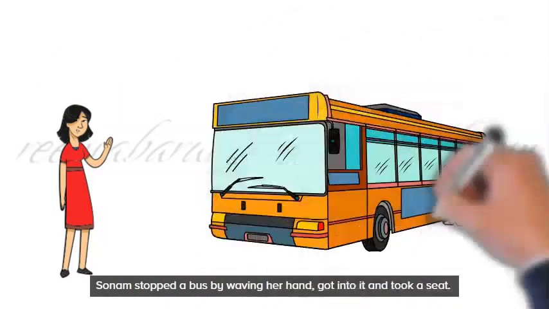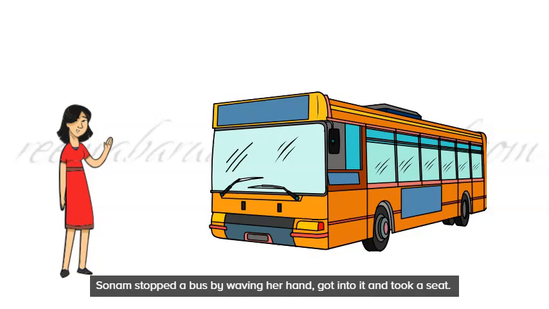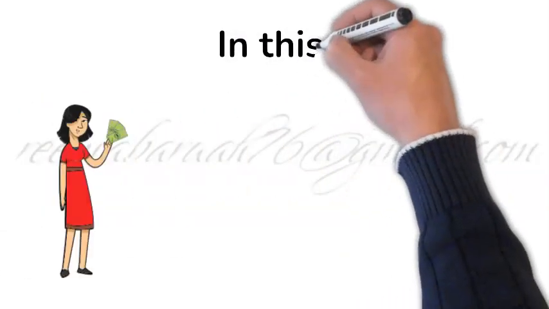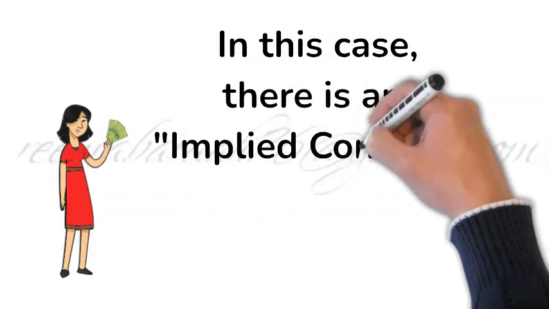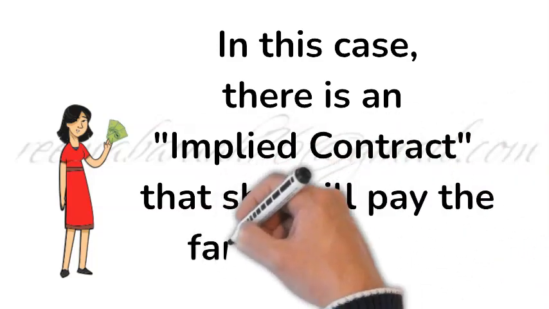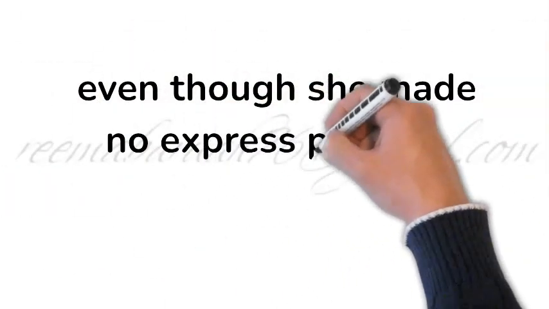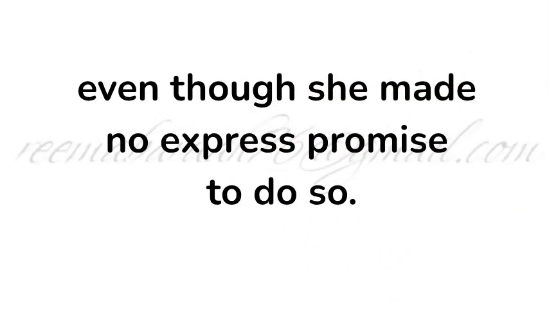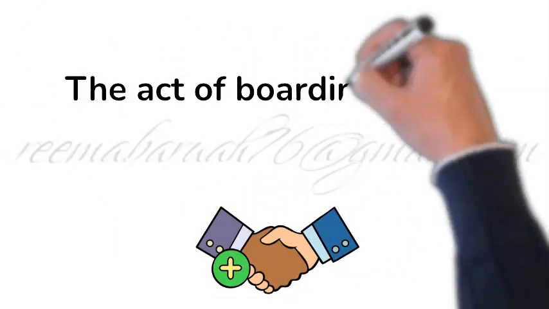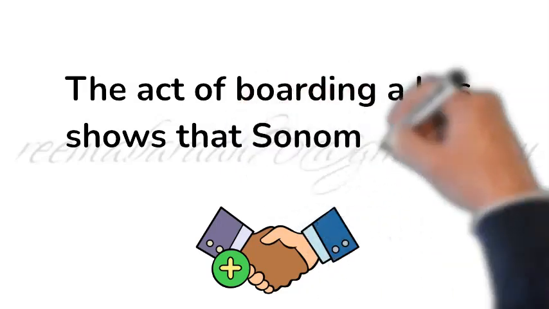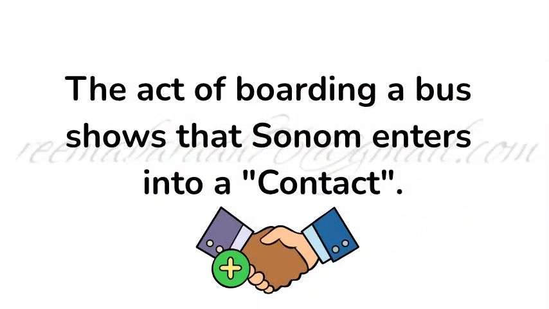Example, Sonam stopped a bus by waving her hand, got into it and took a seat. In this case, there is an implied contract that she will pay the fare of the bus even though she made no express promise to do so. The act of boarding a bus shows that Sonam enters into a contract.